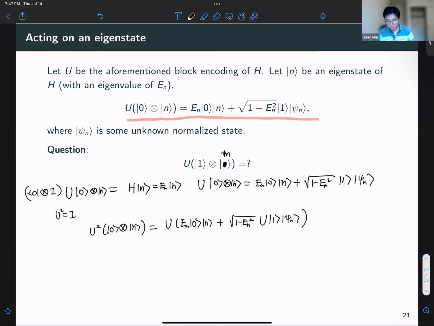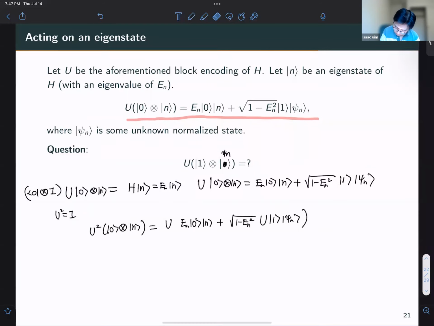So this is what we get. And this thing over here, this is what we wanted, right? That was what the question was about. And here, U squared is identity. So the left-hand side is simply 0 tensor n.